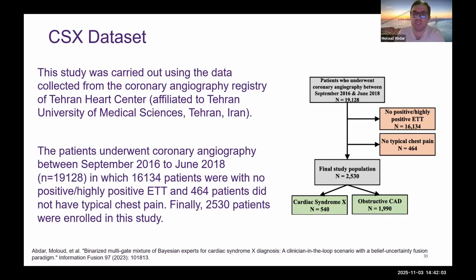For these data sets, we had over 90,000 patients, and then no positives and no typical chest pain were excluded. The final study population was 2,530 patients, of which 1,990 had CAD and around 540 had CSX. This data was collected from September 2016 to June 2018 in Tehran.